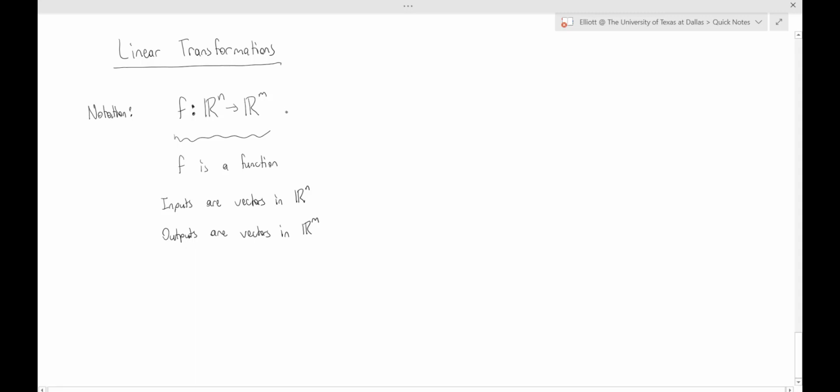I've seen some people call this the signature of a function.